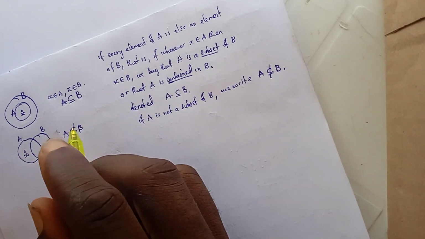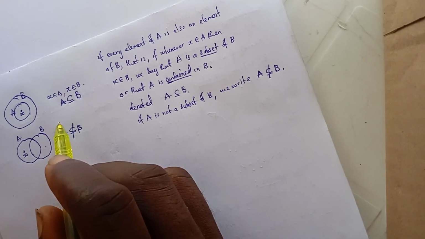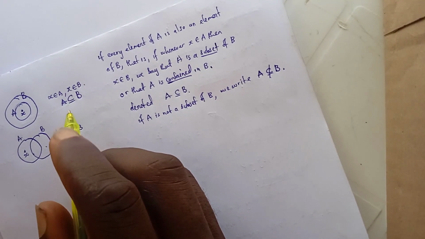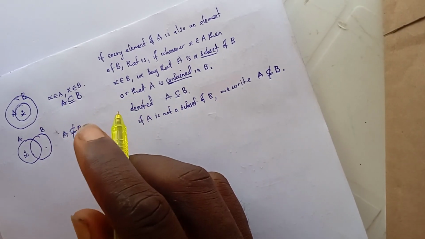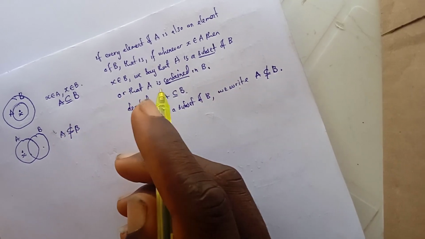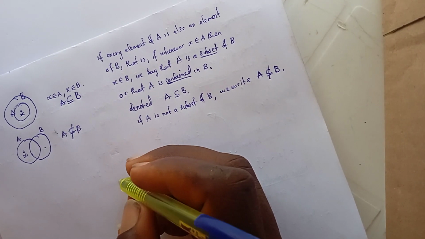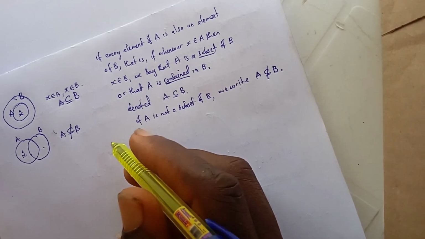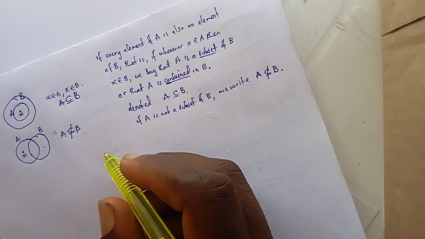Now, for any set A, since there are no elements of the empty set that are not in A, we have that the empty set is a subset of A. Let me repeat again.